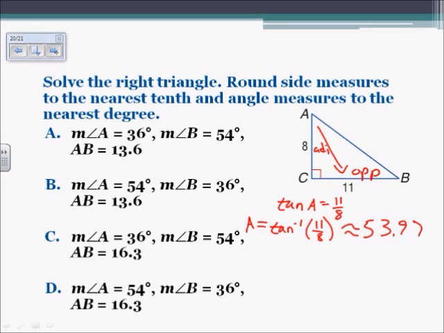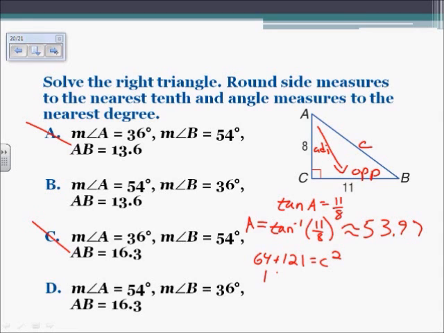Okay, and there are two choices we can get rid of right away. That'd be C and A. And now we're left with side B and side C. So angle B and side C are what we're trying to solve for. Correction on that. To solve for little c, we use, sorry, not trig, the Pythagorean theorem. 64 plus 121 is equal to c squared.